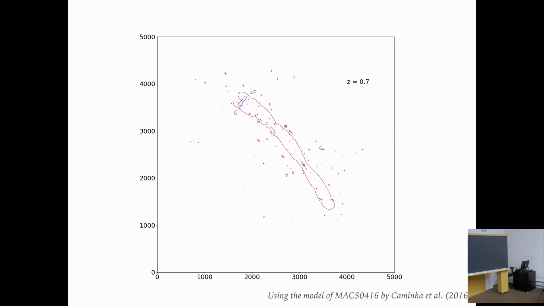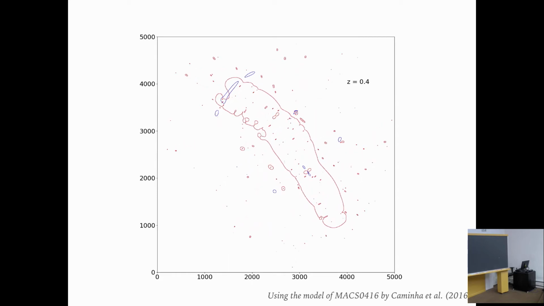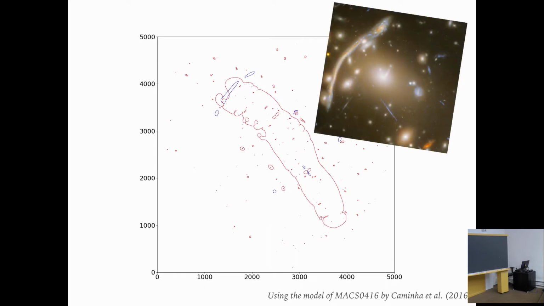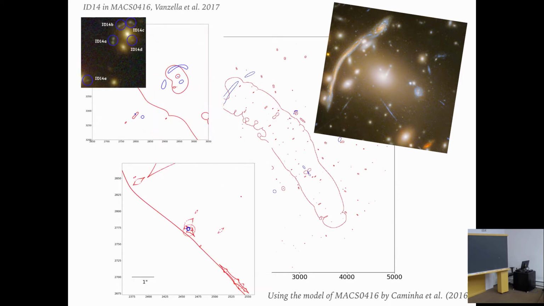The presence of these secondary critical lines means that each of these galaxies could potentially produce a lensing event if there is a source which is located at the right position inside the corresponding caustic on the source plane. And the caustic is a small caustic like this one, which is what we could see at the beginning of the movie.